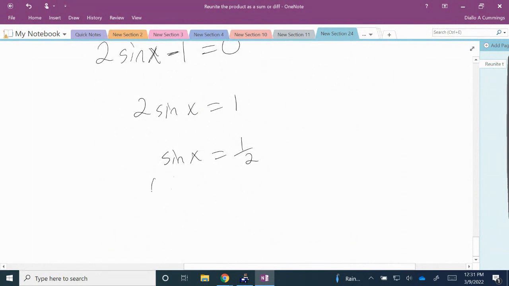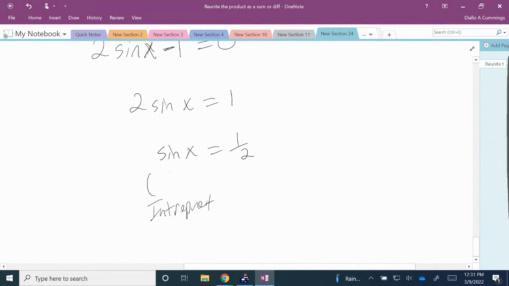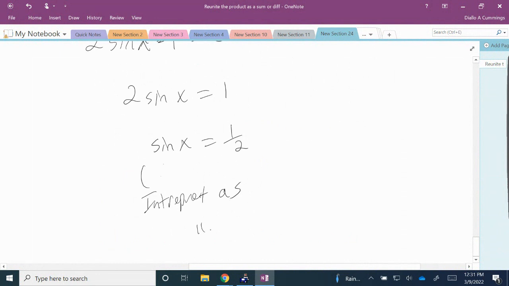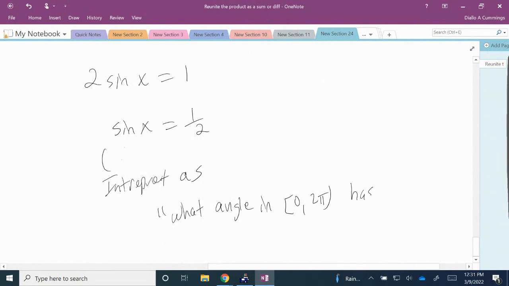Well, we're going to interpret this as: what angle in the interval from 0 to 2 pi has a sine, or y value, of 1/2?